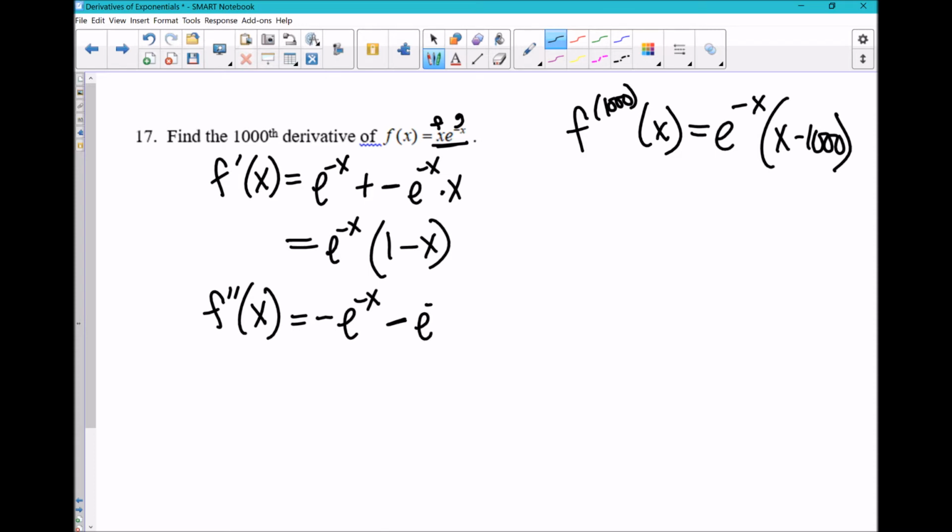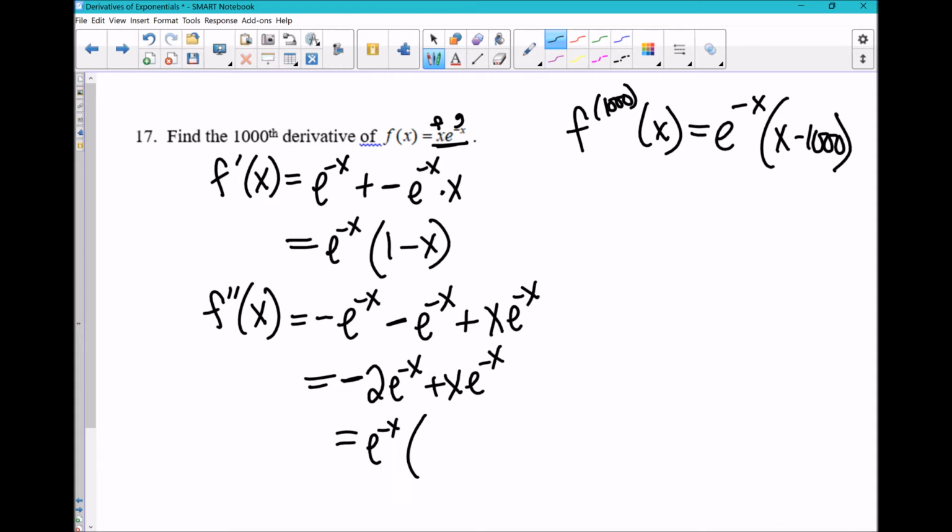So it should be minus e to the negative x, and then plus x e to the negative x. We end up with 2 of these e to the negative x's. It's just the sign is different from the last problem. By factoring out an e to the negative x, you should see you end up with e to the negative x times x minus 2.